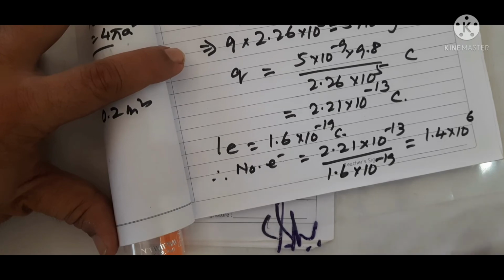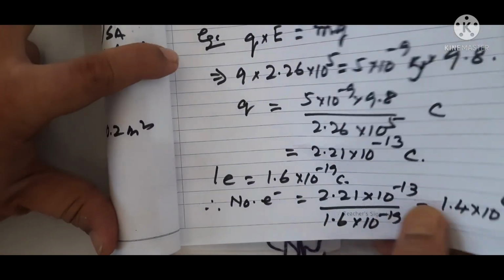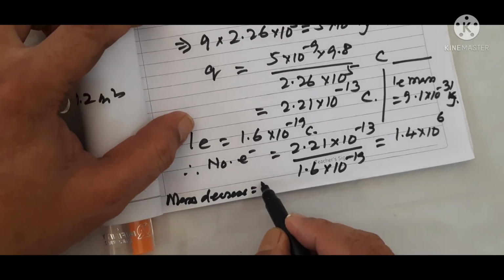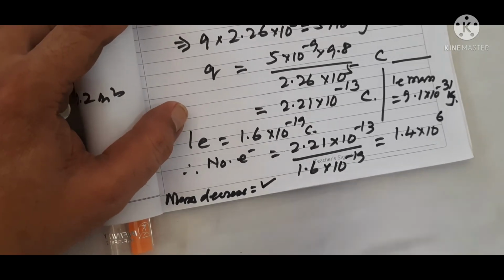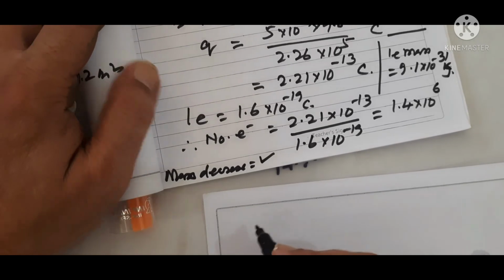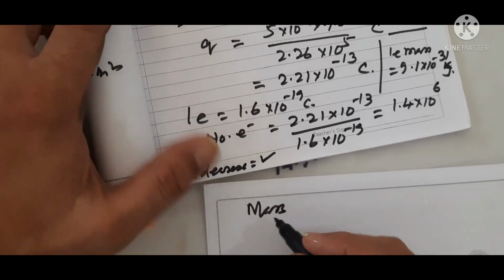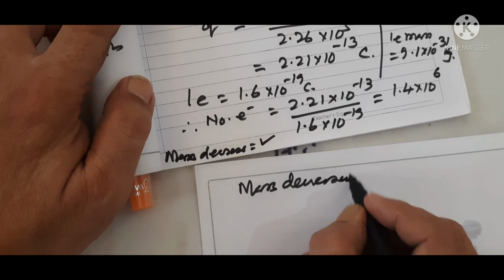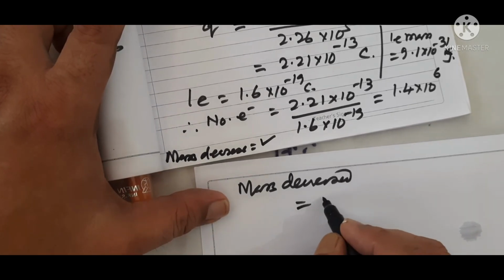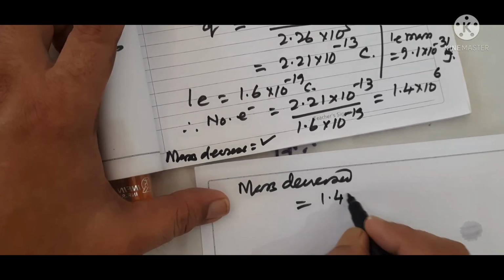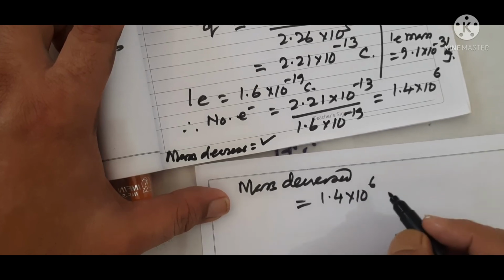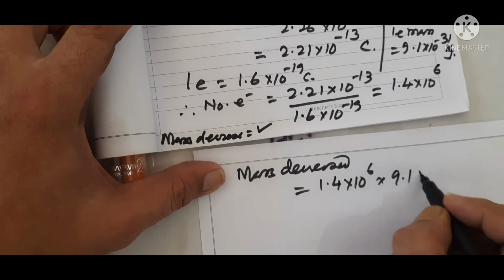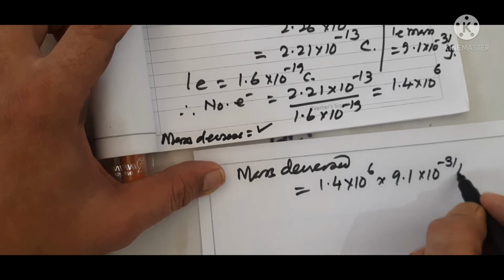The mass is going to reduce. So how much is the mass decrease? We have to find it out. How to find the mass decrease? Mass decreased is equal to the number of electrons, 1.4 into 10 to the power 6 electrons, into the mass of 1 electron, 9.1 into 10 to the power minus 31 kg.